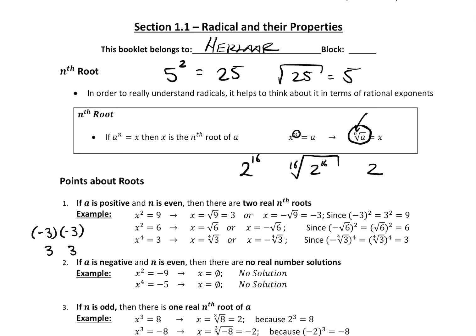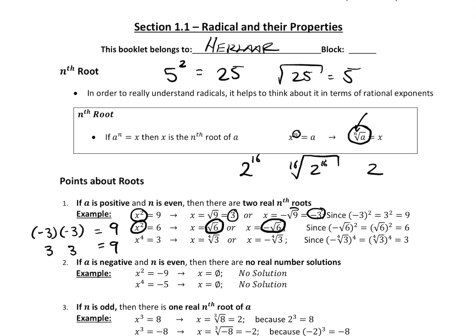Both 3 times 3 and negative 3 times negative 3 equal 9. So the square root of 9 is plus or minus 3. The square root of 6 is positive root 6, negative root 6.